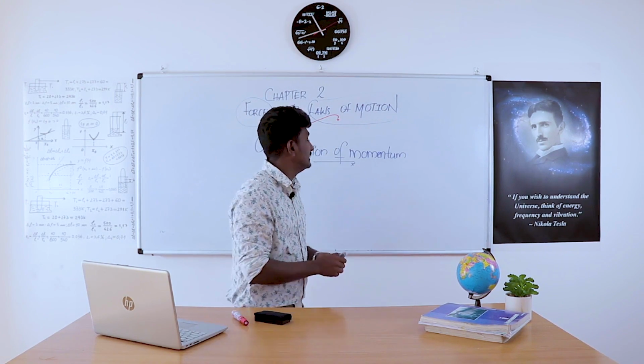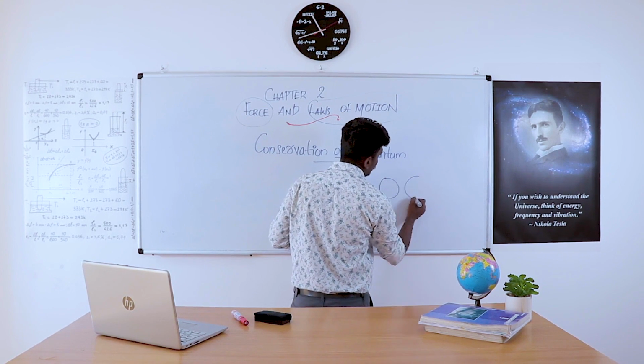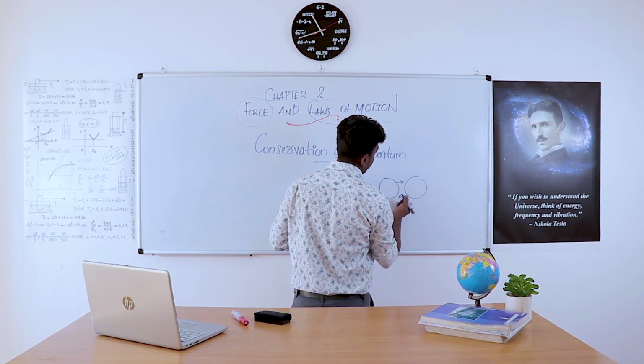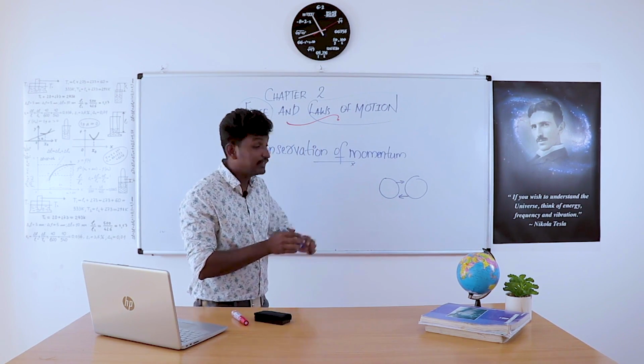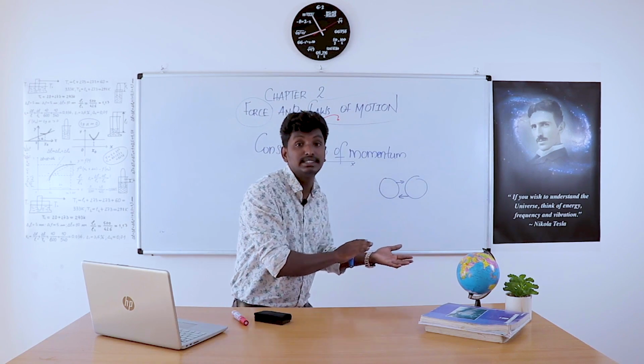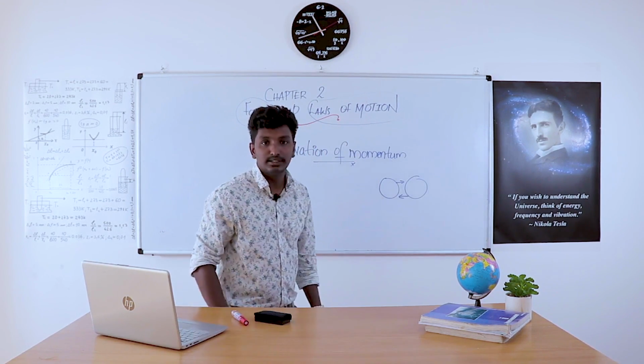In other words, in the case of colliding objects, if two objects collide with each other and the momentum before collision and after collision are the same, then the momentum is said to be conserved.